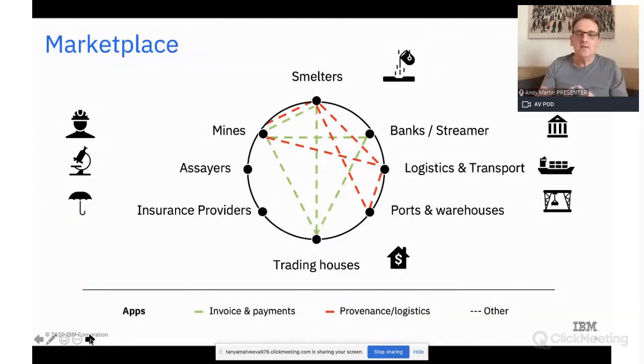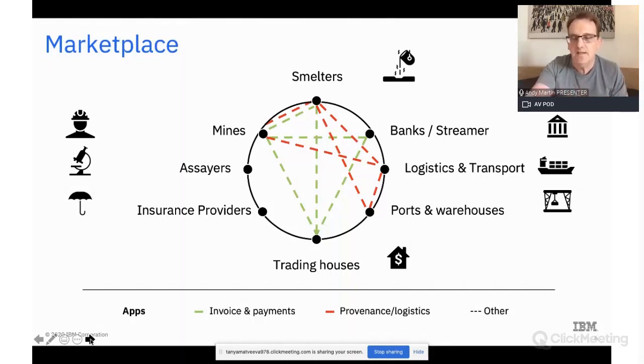Now, a key thing to understand is the real value is in who is in the room and what data they bring to the marketplace to then enable us to do this app store. So we don't want to have too many of these marketplaces for the industry. You may want to have a marketplace which is focused on particular parts of the market, maybe particular types of commodities, because the value is in who is in the room.